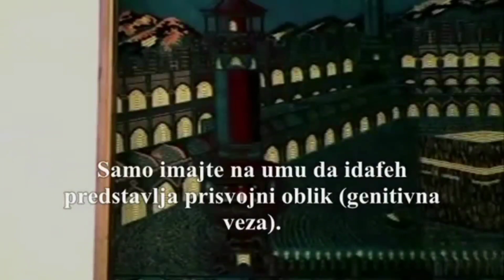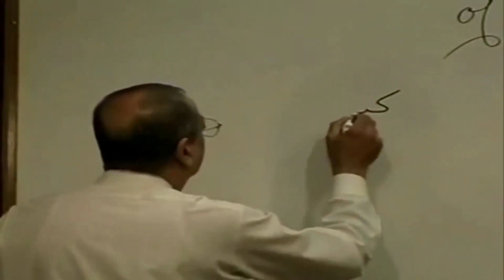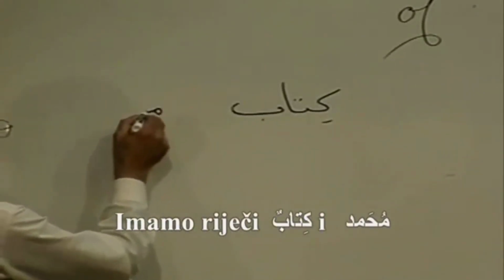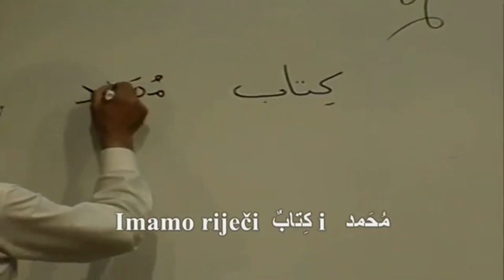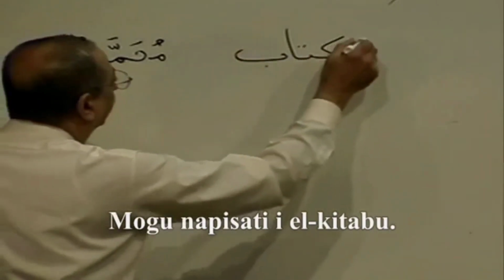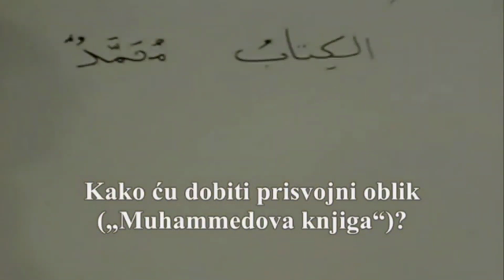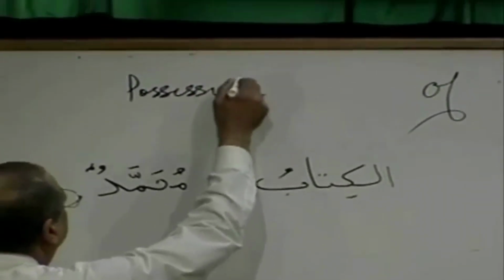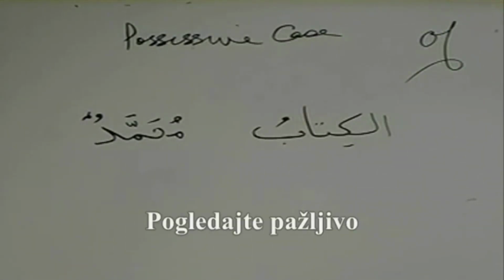Here is kitab, and here is Muhammad. I can say al-kitab, the book of Muhammad. So how do I make the possessive case? Look very carefully, brother.